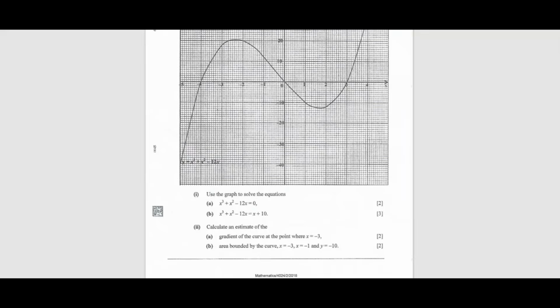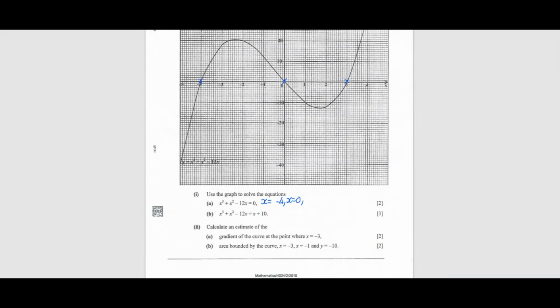So we are going to get the solutions from the 3 points where our x-axis is cutting or meeting with the curve. So the first point is here, the second point is here, the third point is here. So the first value, I can see that x is equal to negative 4. Then the second one, x is equal to 0.